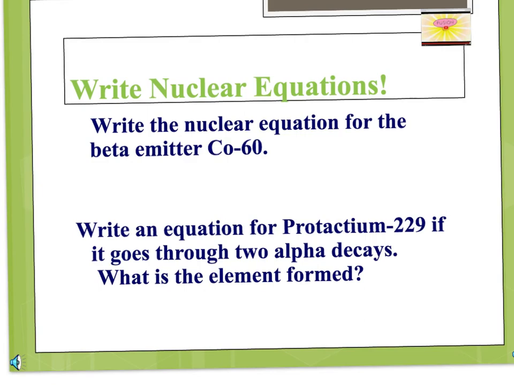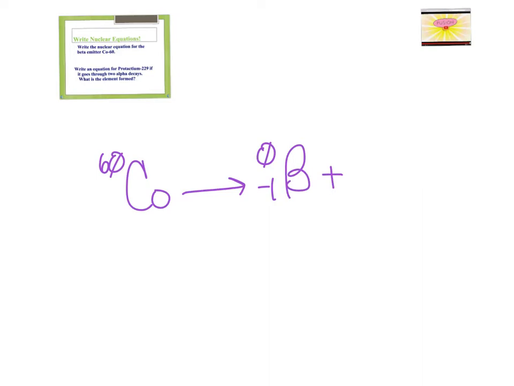What if I say write the nuclear equation for the beta emitter of cobalt-60? Can you set that up? Well, I know that it's going to be cobalt-60. And it tells me it's a beta emitter, which is 0, -1, B. What am I missing?